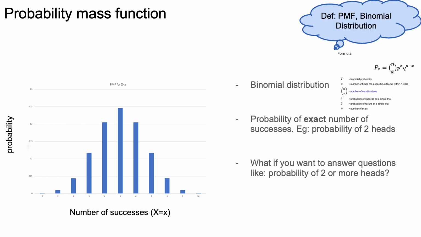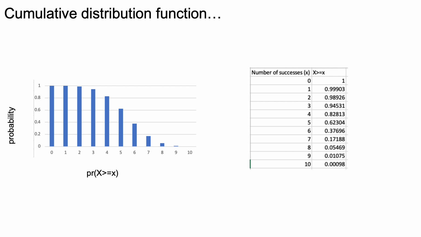So we learned what is a PMF and a binomial distribution in this slide. The formula for binomial distribution is shown on the top right. This is the cumulative mass function. So we wanted to answer the question of getting the probability of 2 or more heads, and this is the cumulative mass function.